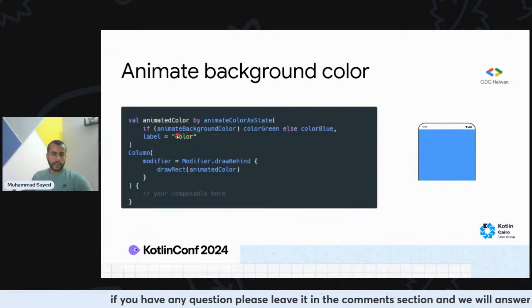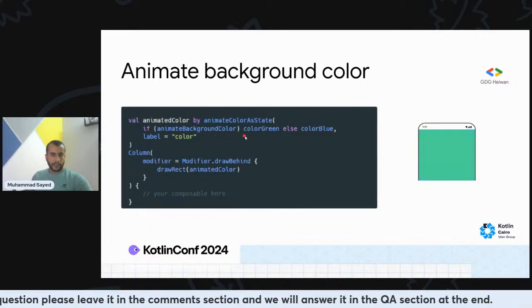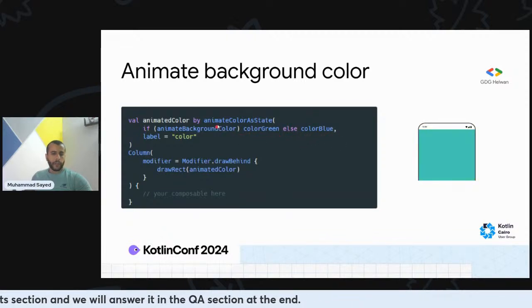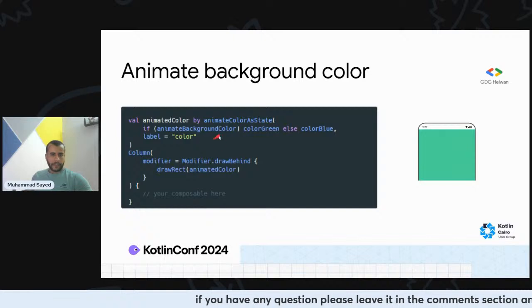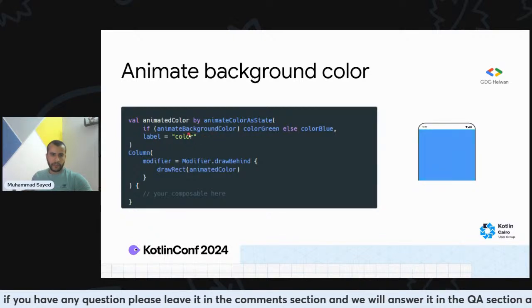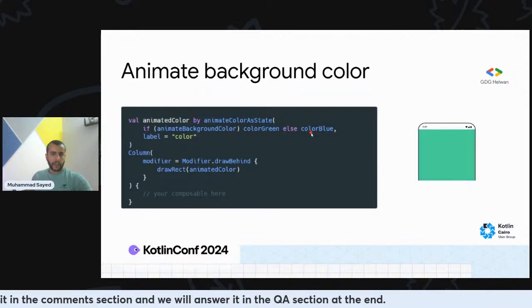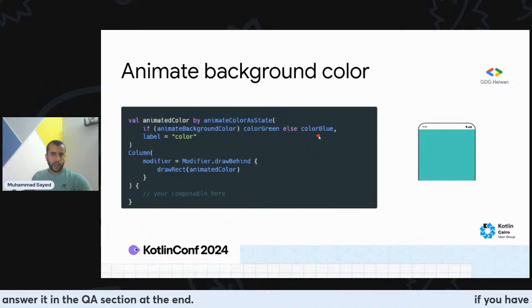So whenever this value changes, it will select a certain color, and what this function is going to do is animate from one color to another and vice versa. So I believe that's what's actually going on here. Based on this value, if it's true, we'll animate to the green color. If it's false, it will animate from green to blue color.